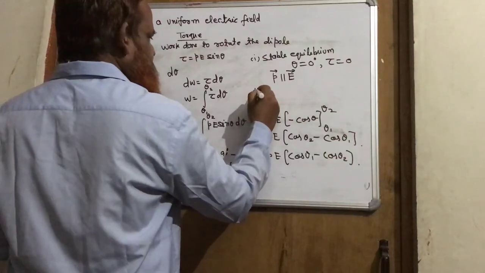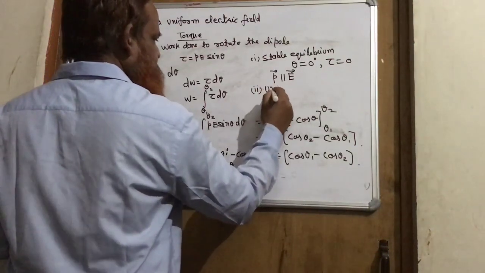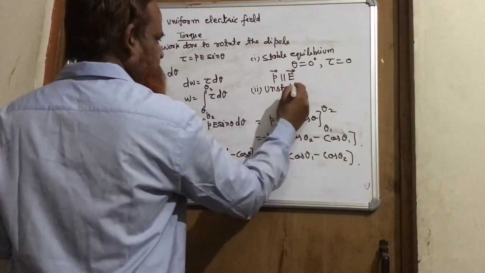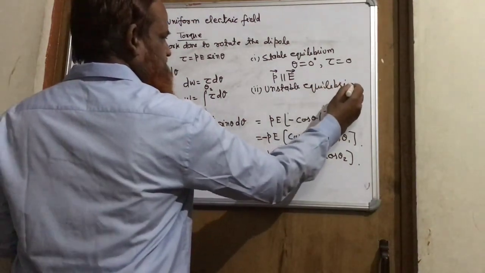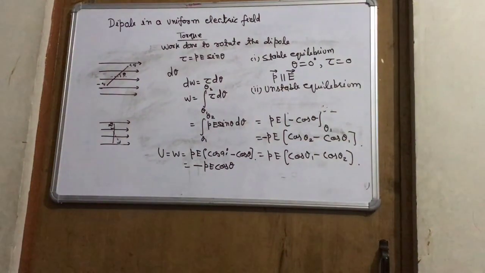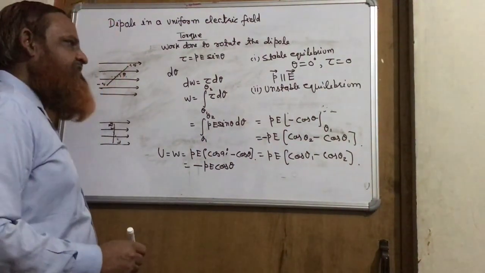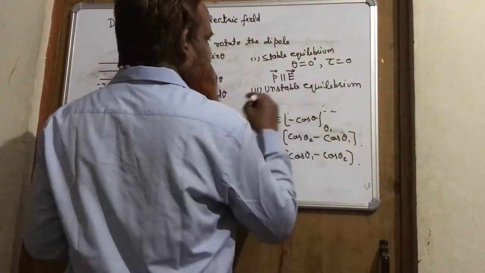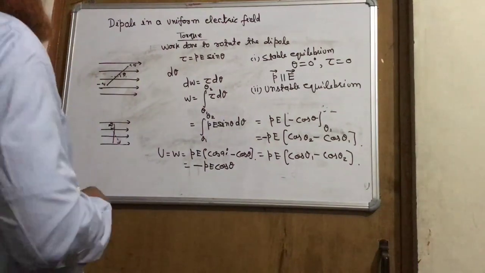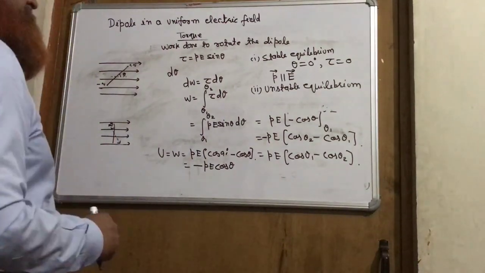The second type of equilibrium is unstable equilibrium. Unstable equilibrium is that if we disturb the dipole a little, then it will not regain its original position. For that, potential energy should be maximum and torque will be 0.